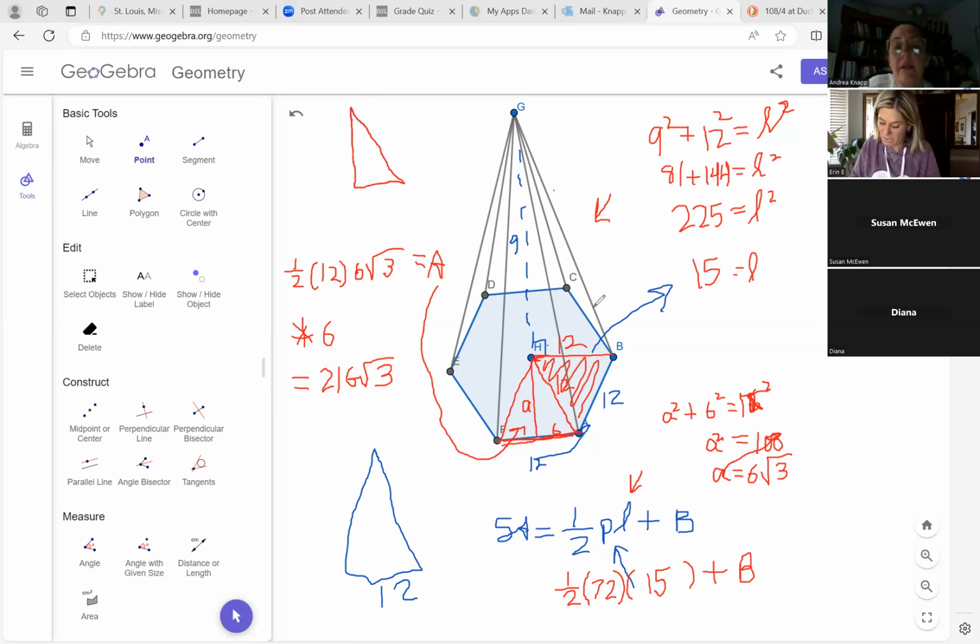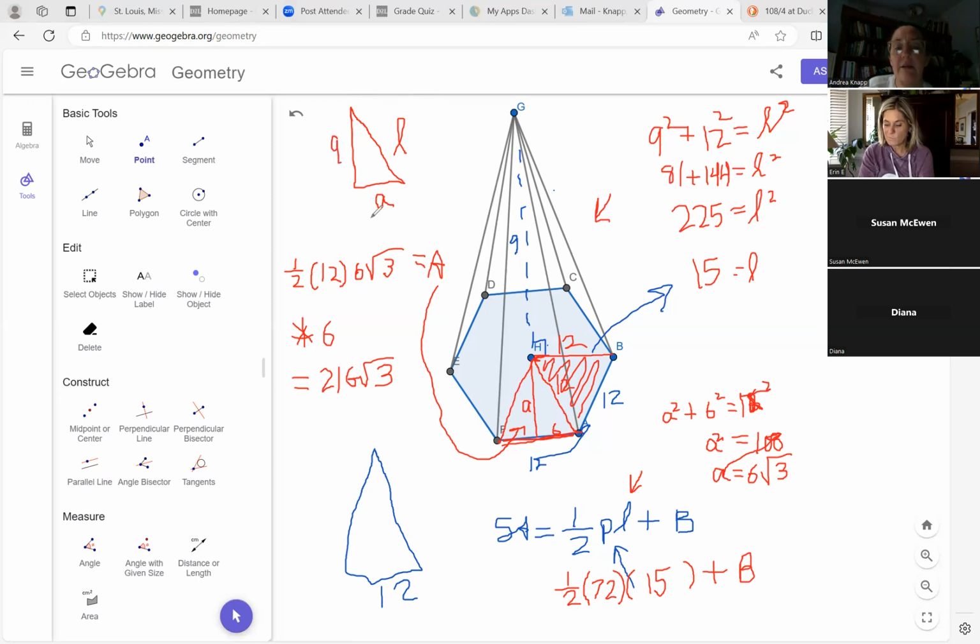I am thinking that we drew this triangle. I still don't think it's 12. I think that it's the apothem. If I look at a side version of this triangle that comes down from the vertex, and then the base of it is A. And then we have the slant height.